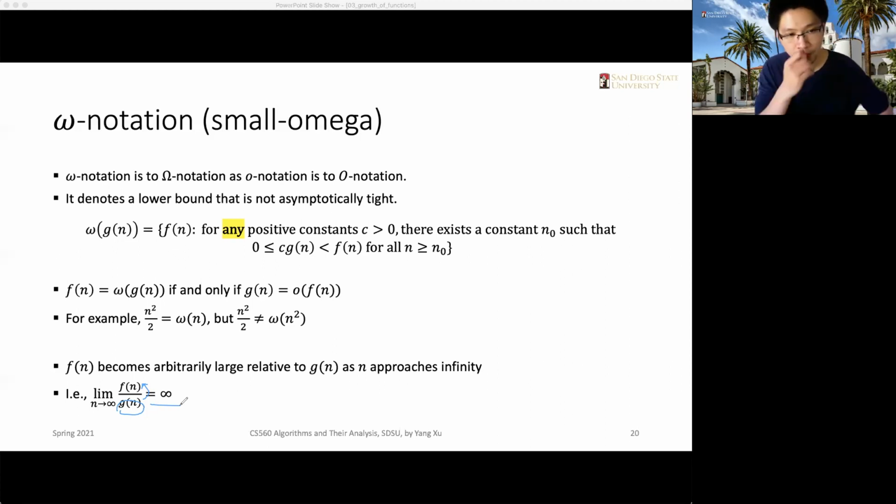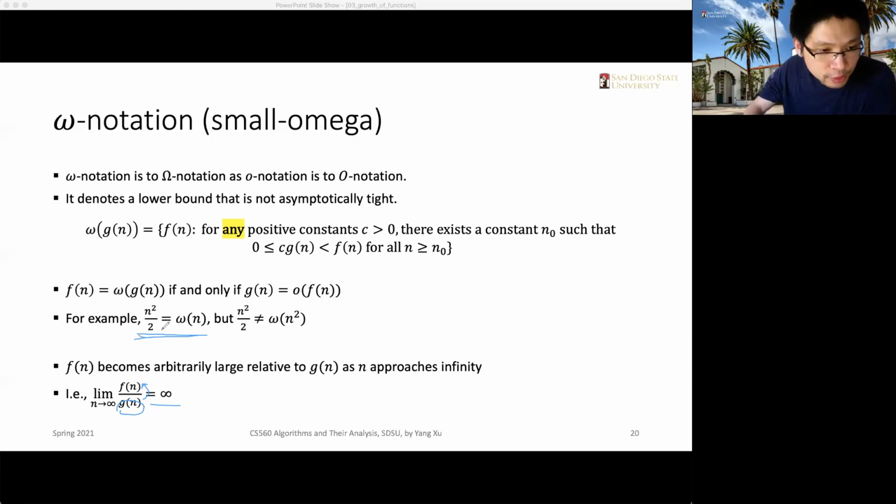Okay, so another example that I didn't show in the previous slide is if we look at this quadratic function example, which is n squared over 2, we can say that a linear function is a loose upper bound of a quadratic function, right?